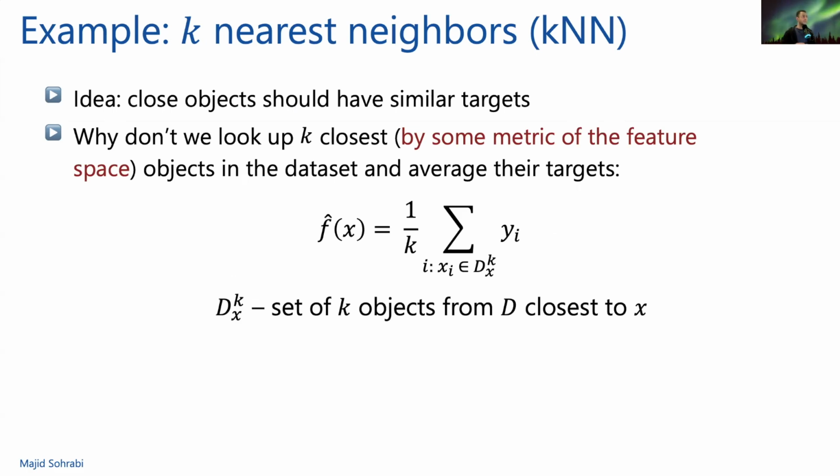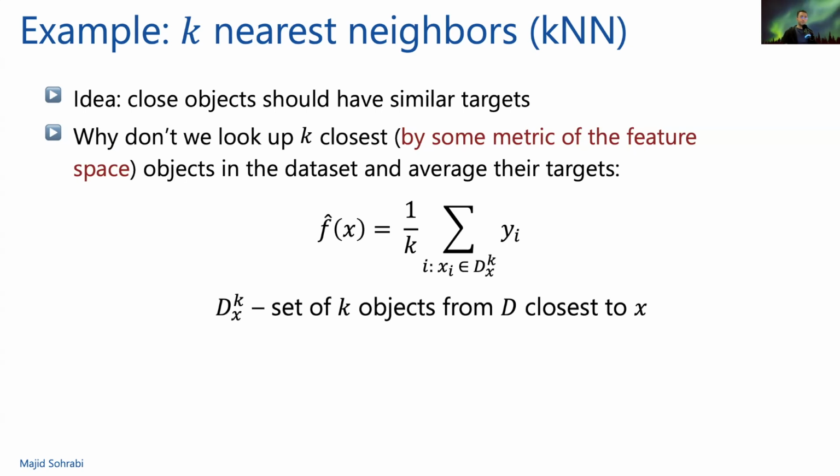It says the closest objects are supposed to share similar characteristics, and as a result, similar targets. Based on some distance metric that we define for the algorithm, this is a parameter, it depends on which distance metric you define for the model to work with. So it's also a hyperparameter for the model to define.